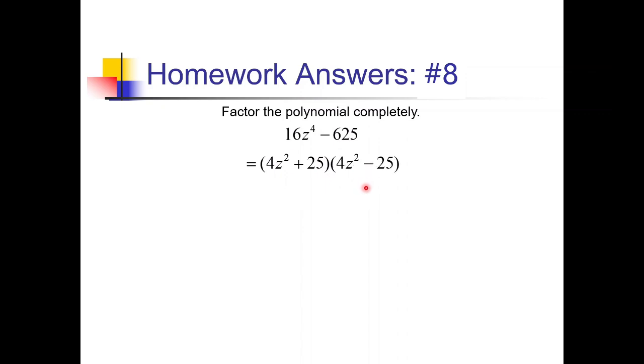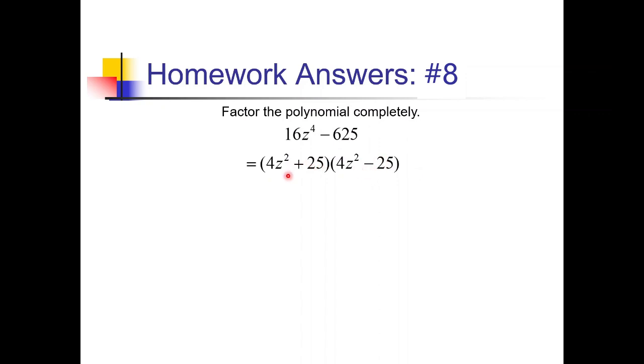Now we do need to always check to see if we can go further on these if we have anything higher than first power. This first parentheses is a sum, so we can't break that up any which way we would want to. That stays the way it is. But since we have a difference in this second parentheses, a difference of perfect squares, we can use our a plus b, a minus b shortcut yet again on this sub-branch here.